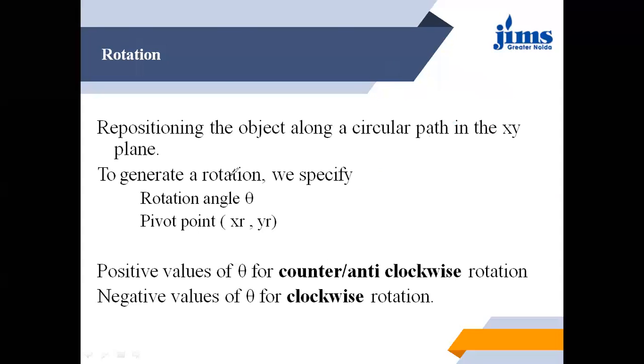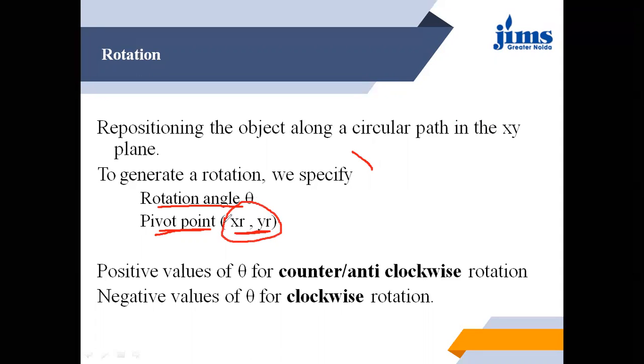So to generate a rotation, we have to specify the rotation angle, as I showed you just now, by which angle I have to rotate. Second, a point that shows the position, that with respect to this point, we have to rotate.